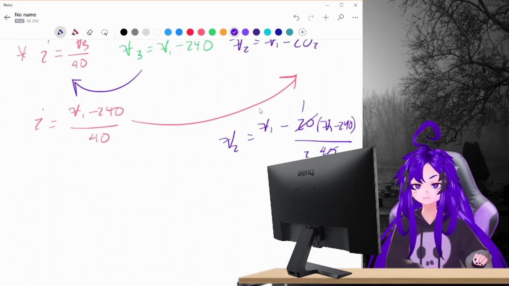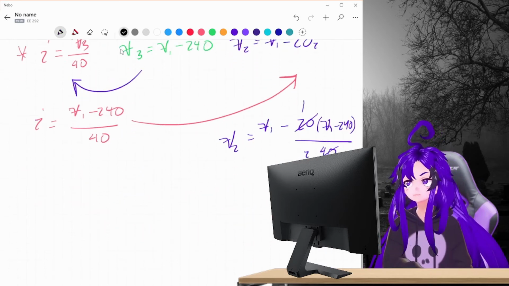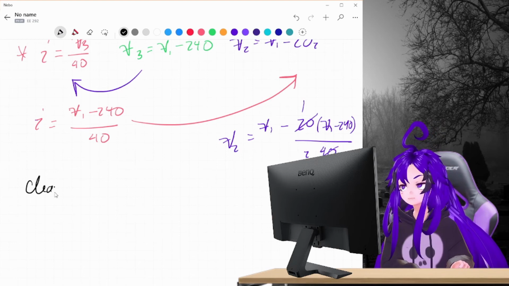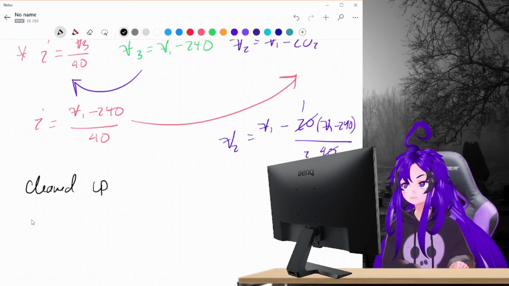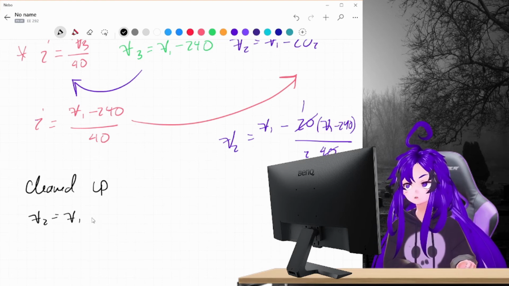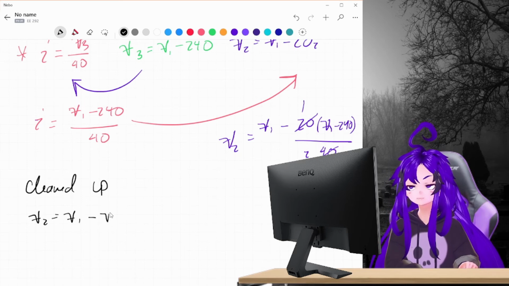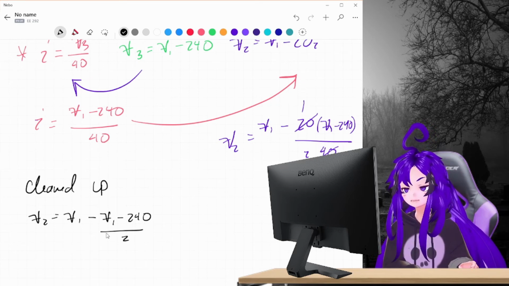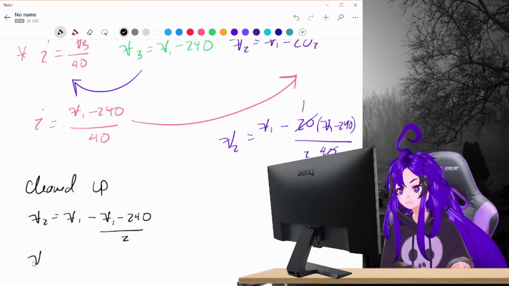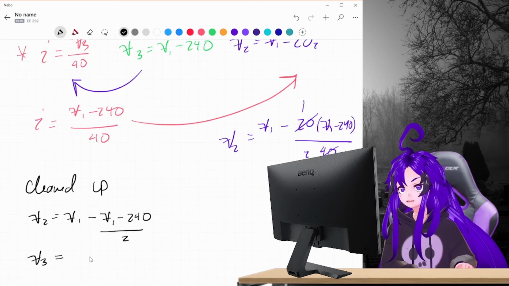So, cleaned up, we get V2 equals V1 minus V1 minus 240 over 2. And yeah, I know that could simplify more, but I'm not going to do it. I'm a grown-up, I make the rules now.